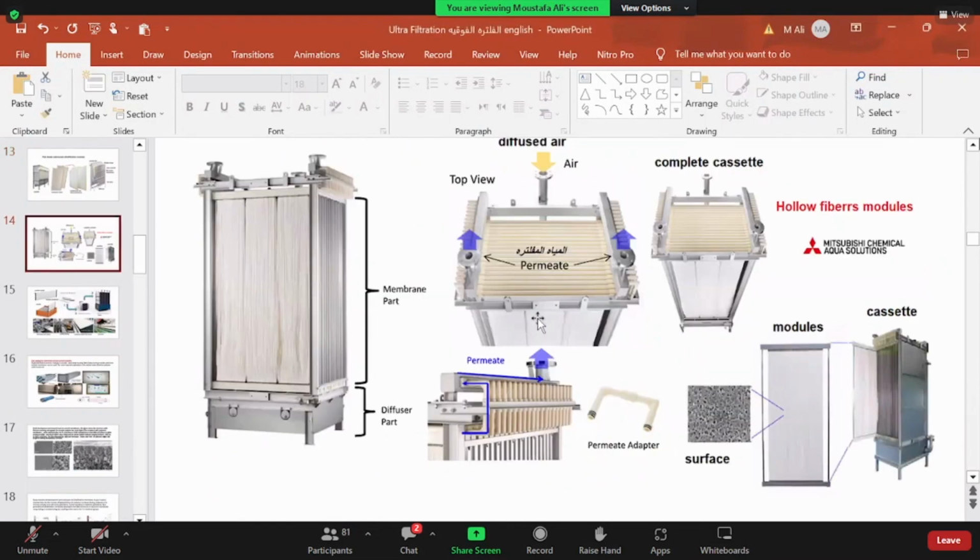We'll see from the other side the hollow fibers. We saw already how they are bound together in the pressure vessel to form a pressurized system. We have it here in a different way. We have a frame, an upper rectangular part and a lower rectangular part, with the fibers connected between both sides, upper and lower.